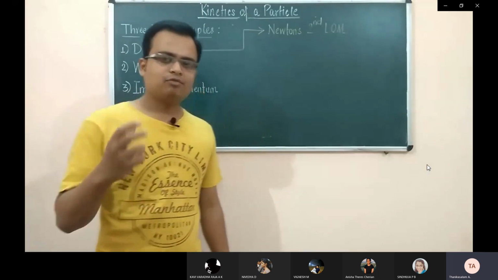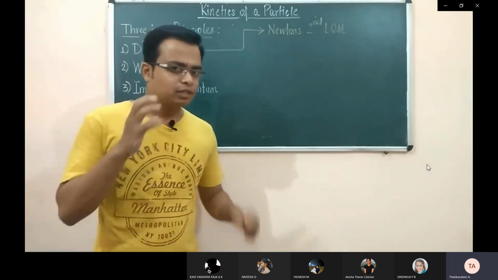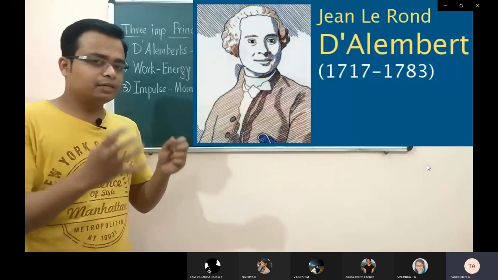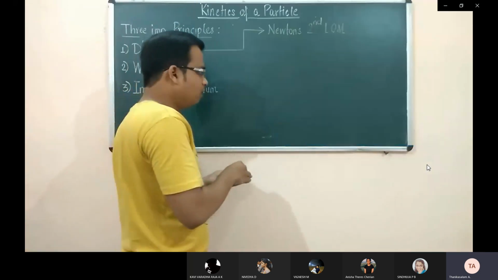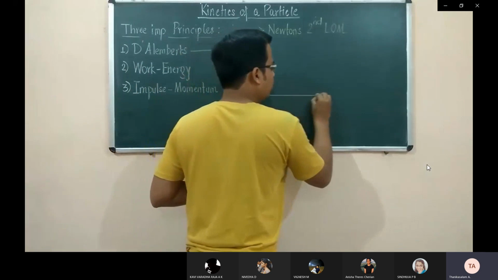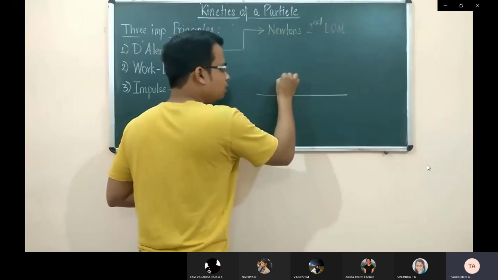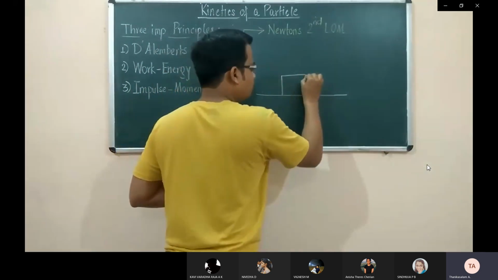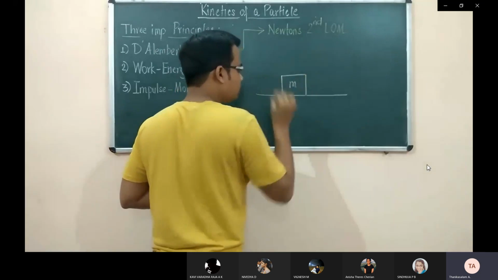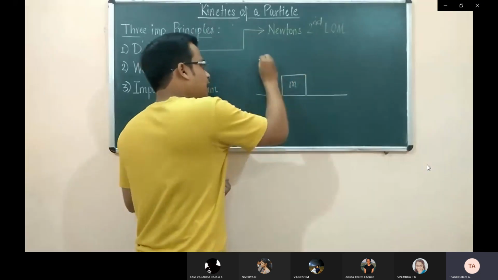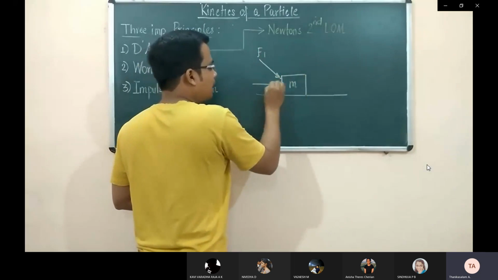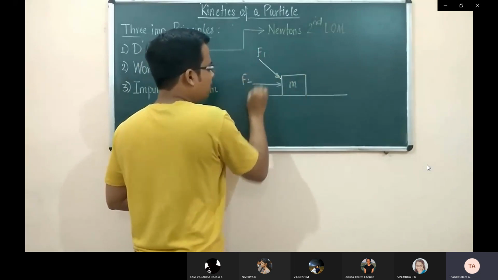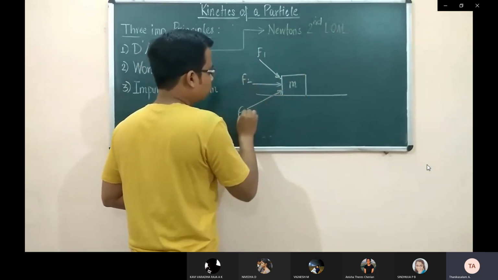So guys, let's take this session forward and let's try to understand what this fellow Jean d'Alembert has to say. Okay, for understanding his principle, we'll again consider a frictionless surface, and let's say above this frictionless surface we have a body having a mass m. Now this mass m is being acted upon by a bunch of forces again, say F1 and F2, and let's take this F3 also.